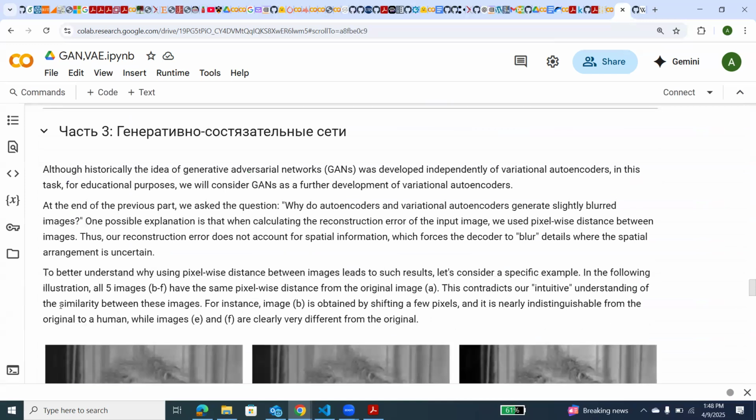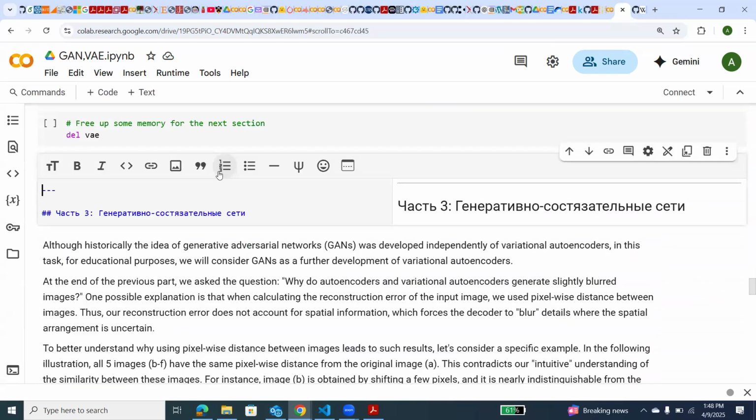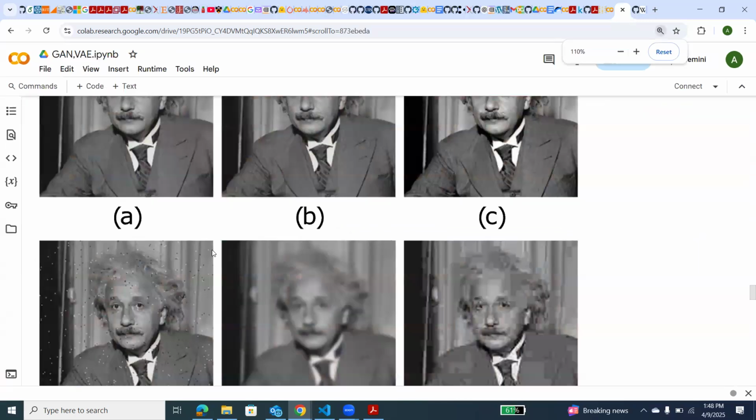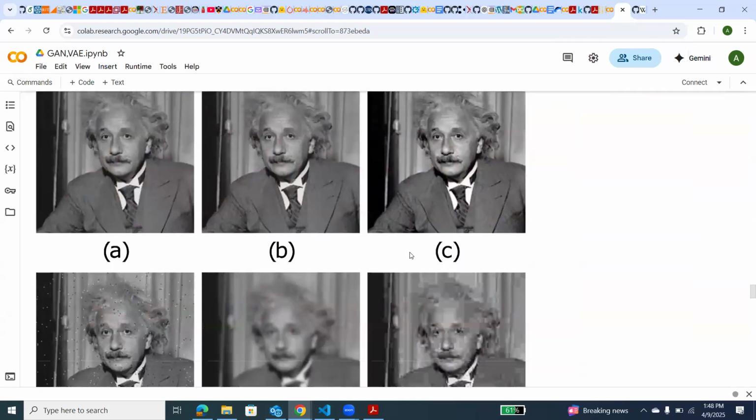Now let's look at the GANs. I didn't talk about GANs, so this is just to give you an idea. All these 6 images have the same MSE loss, because we trained with reconstruction loss and it was MSE loss.